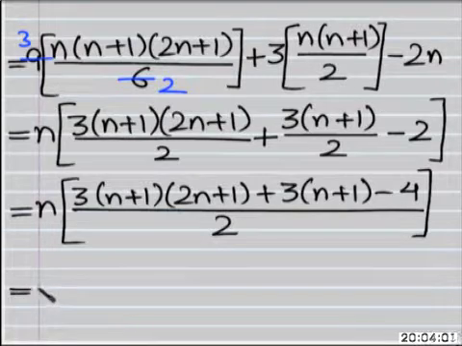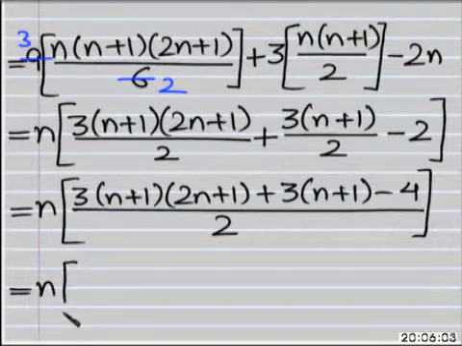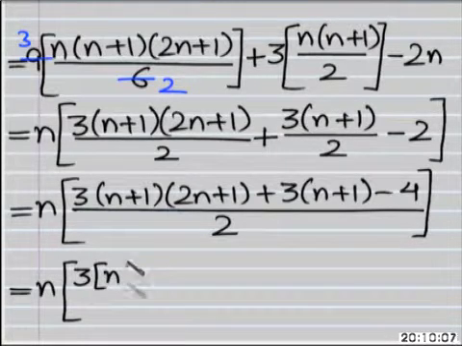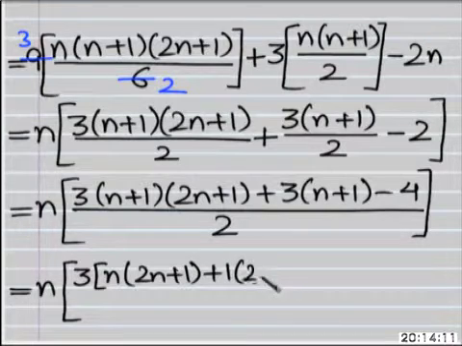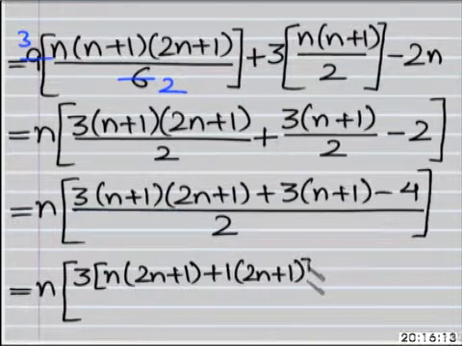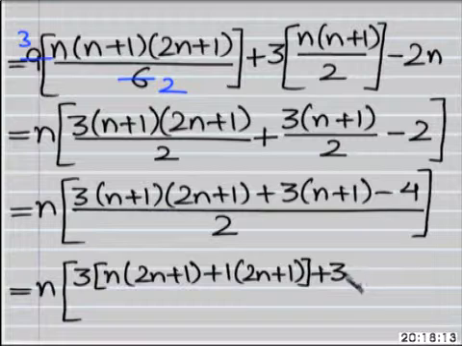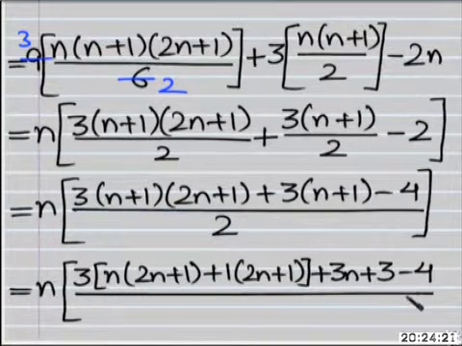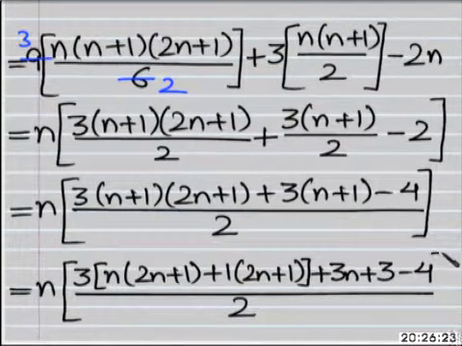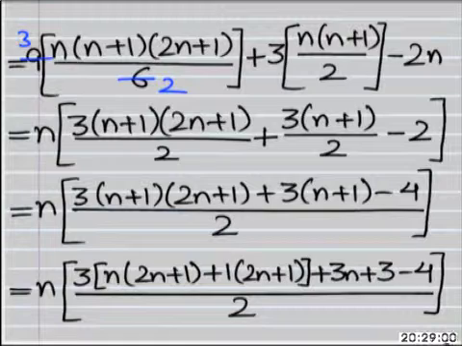This is further equal to n whole multiplied by 3 whole multiplied by n into 2n plus 1 plus 1 into 2n plus 1 plus 3 into n plus 3 minus 4 whole divided by 2.